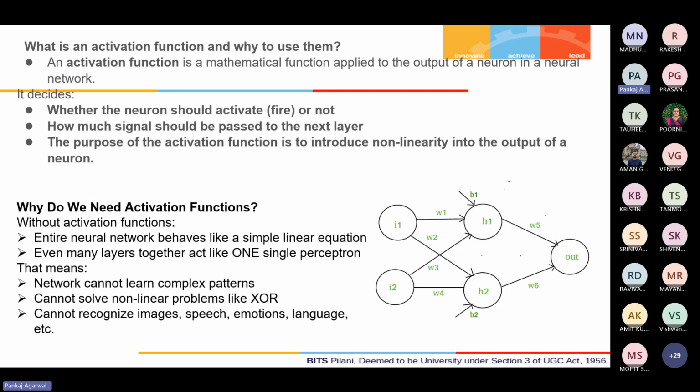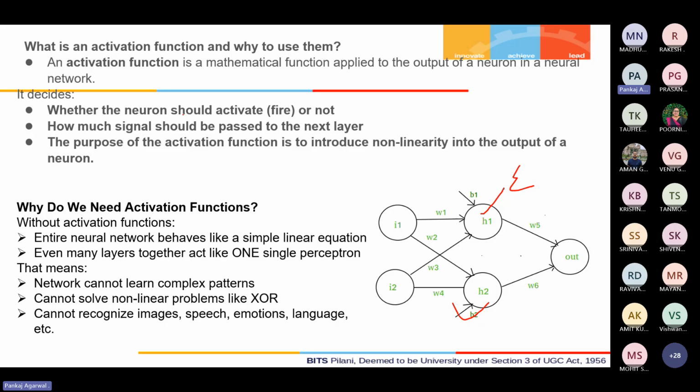I told you that when the summed input, as you know, H1 is I1 into W1 plus I2 into W2 plus B1, that is the input it receives. Everyone is aware of it. So when every neuron receives certain input, it has to take a decision.